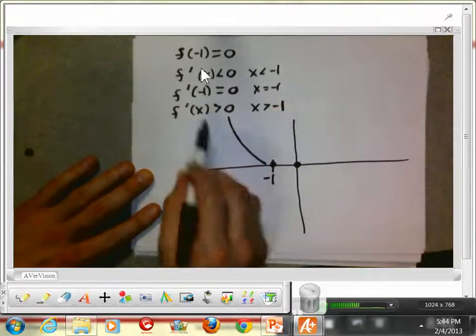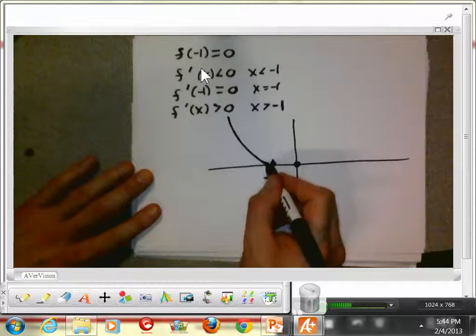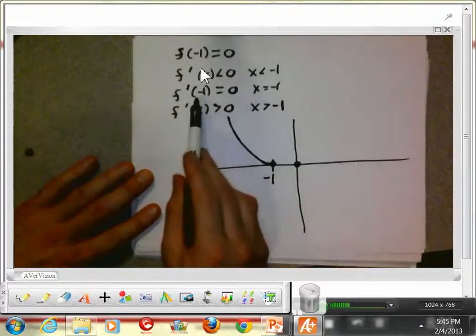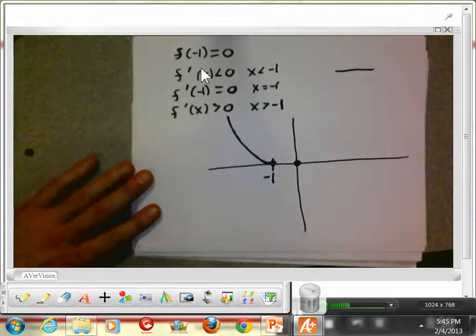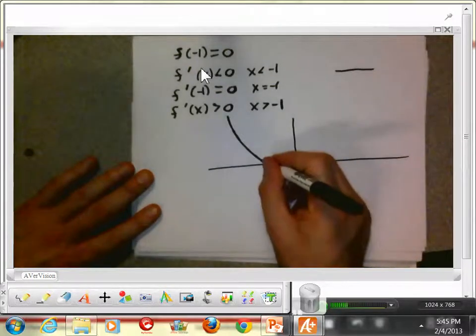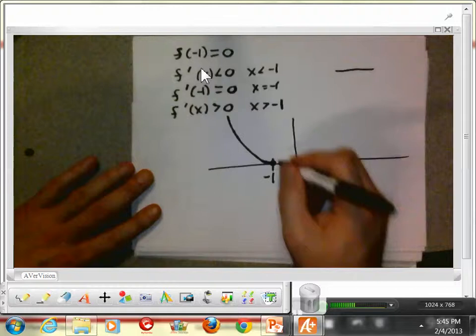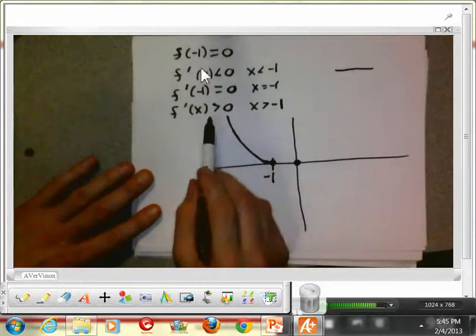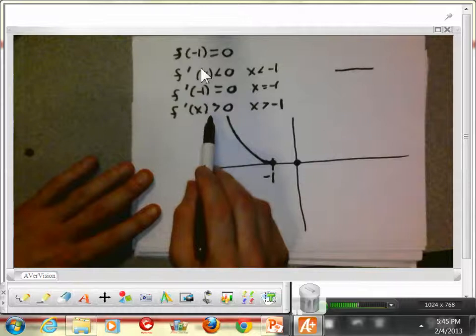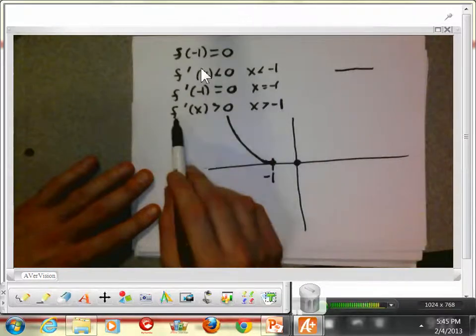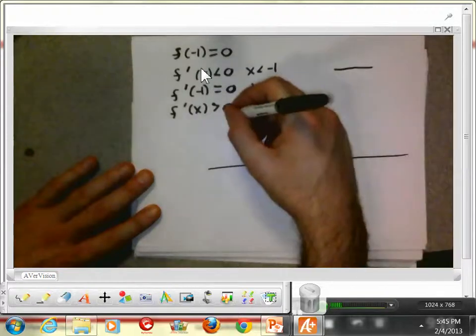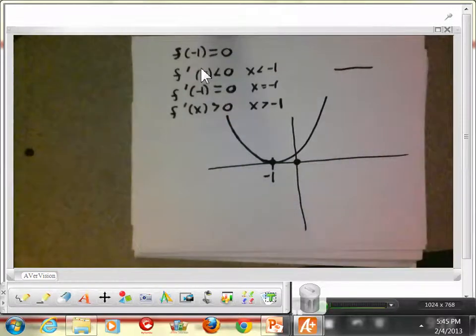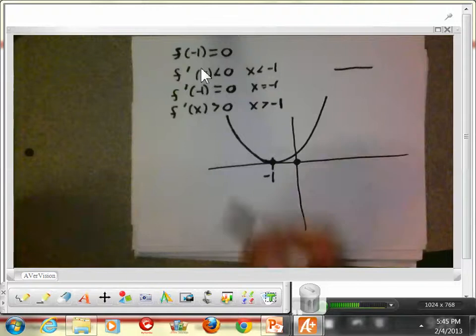At negative 1, the derivative is 0, so it's going to be a little flat there. For the derivative to be 0 just means the tangent line is a horizontal line. And once we get bigger than negative 1, what is the function doing now? Increasing. If x is greater than negative 1, f prime of x is greater than 0. The function is going to look something like this. And of course, it's concave up. It has a bowl shape.